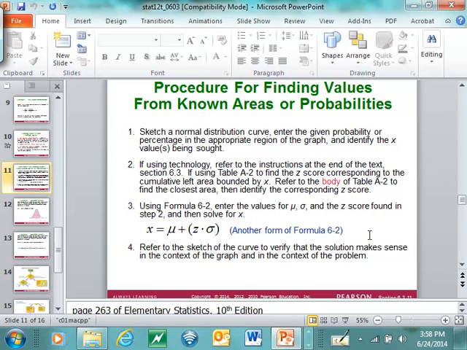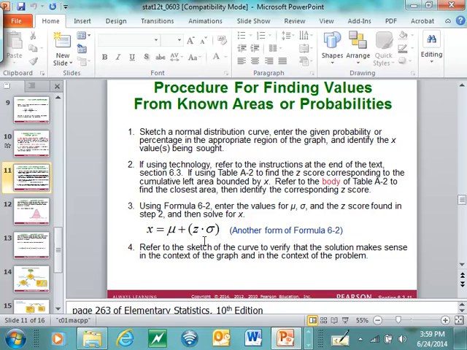So how do we do the reverse lookup? AKA, what's the procedure for finding values for a normal distribution from known areas or known probabilities or known proportions, aka fractions? So you would sketch a normal distribution curve, enter the given probability or percentage in the appropriate region of the graph, identify the x values being sought, and then you use technology or table A2 to find the corresponding z value.